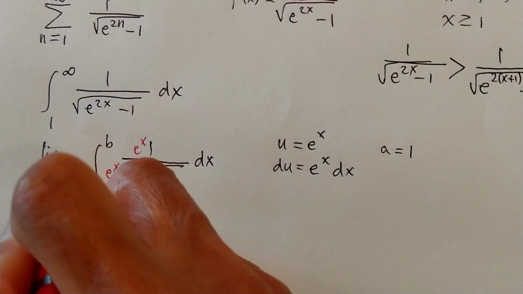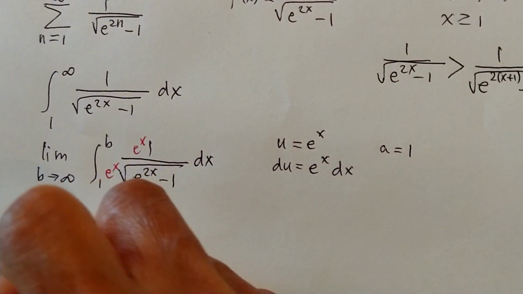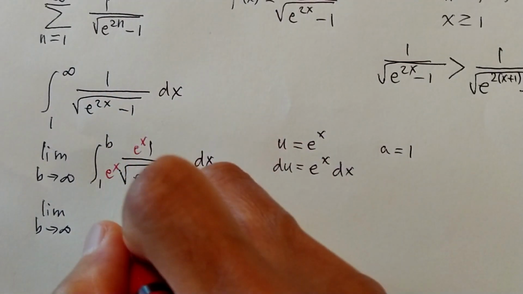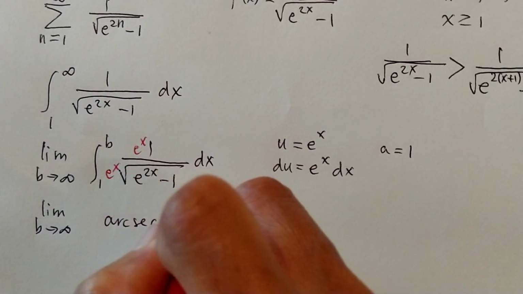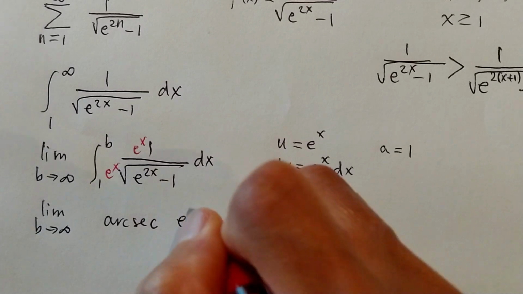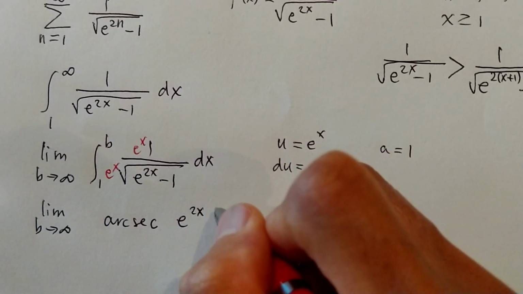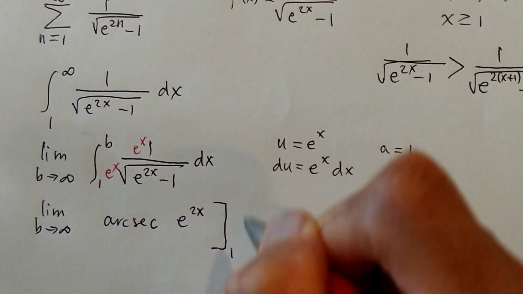We have the limit as b approaches infinity of arcsecant of u over a, which is e to the x over 1. We will evaluate this from 1 to b.